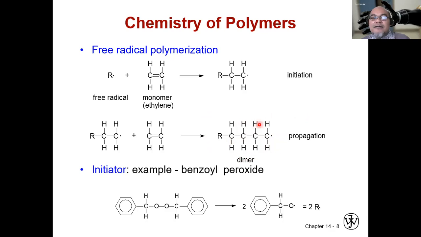So this radical, along with maybe other new radicals, will try to bind to monomers which have not yet reacted, make new radicals, and then this expands throughout the whole molecules within that sample.